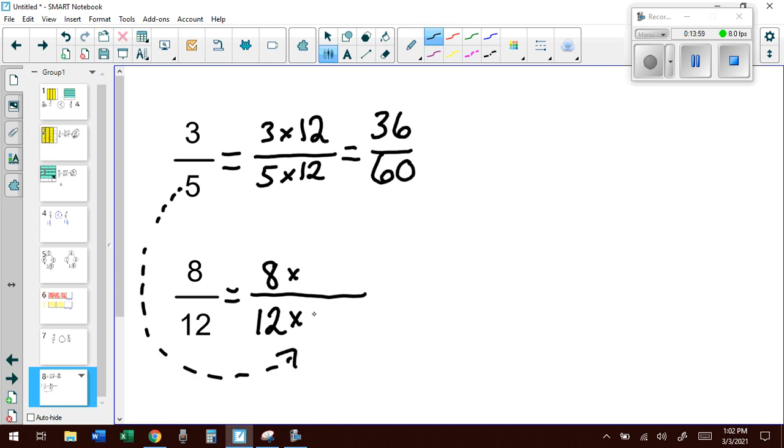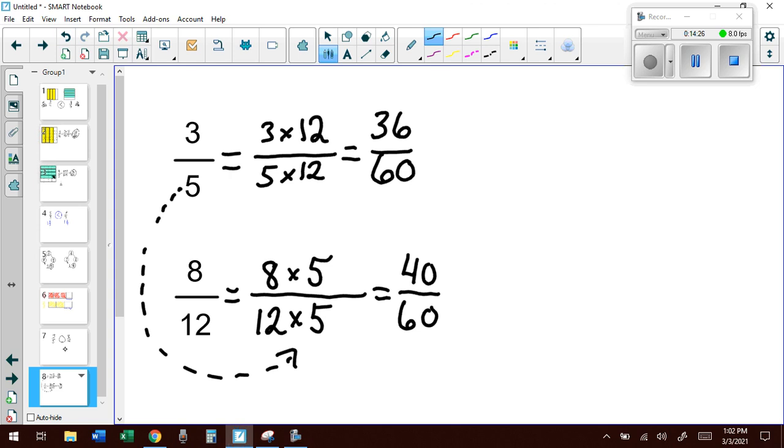So I'm going to multiply this 12 by 5. Since I multiplied that 12 by 5, I'm going to multiply the 8 by 5. Well, we just found out that 5 times 12 is 60, so 12 times 5 is 60. 8 times 5 equals 40.